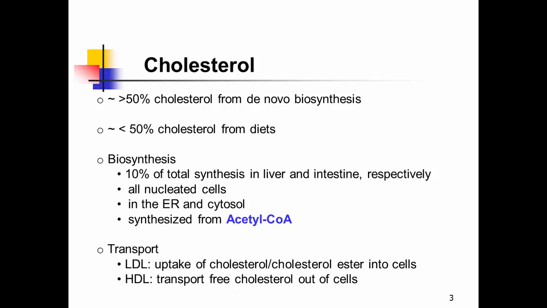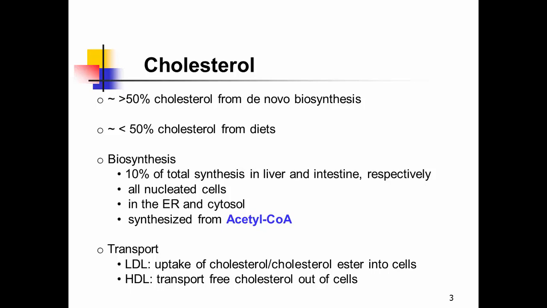For biosynthesis, the liver and small intestine are important tissues that synthesize cholesterol, about 10% of the synthesized cholesterol each. And of course, other tissues can also synthesize cholesterol. Cholesterol is synthesized in the ER and cytosol.